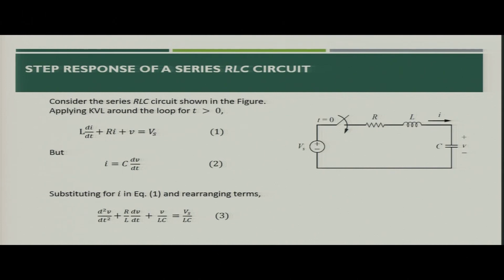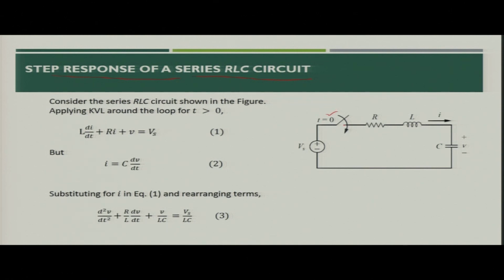Now, let us talk about the case when we apply a step input to a series RLC circuit. Earlier, we discussed the source free response of the series RLC circuit. Now, what we are doing here is connecting the source with a switch which is closed at time t equal to 0.